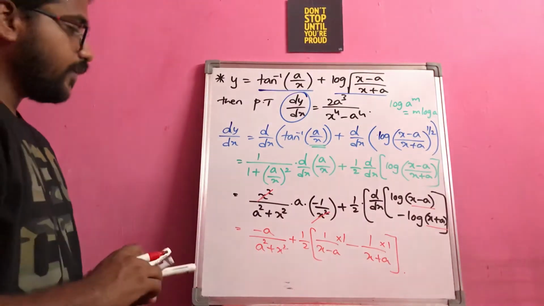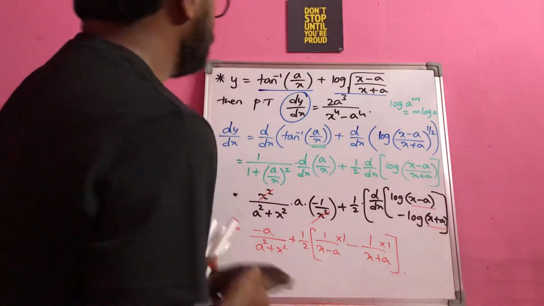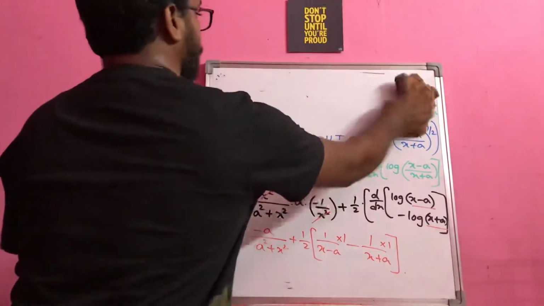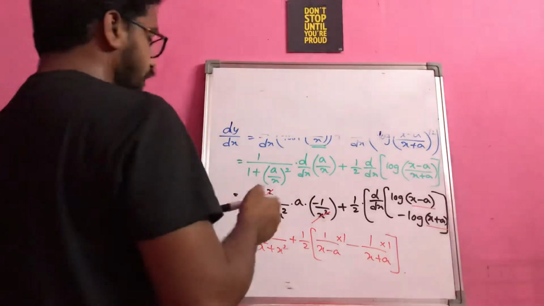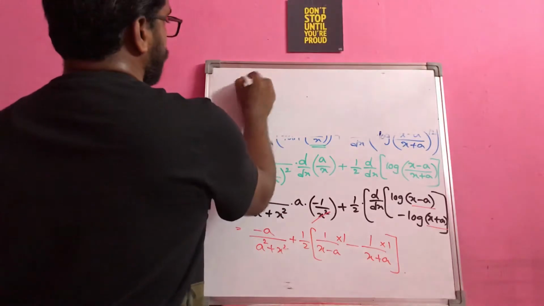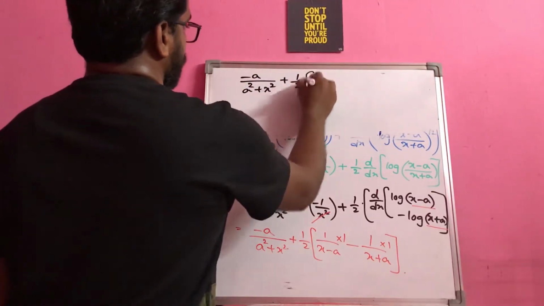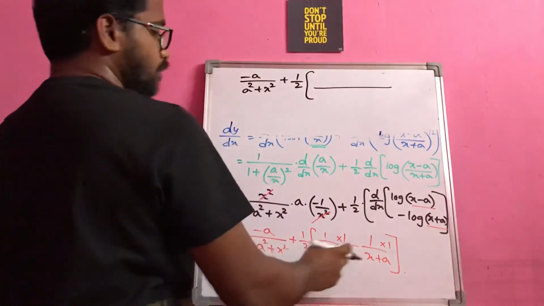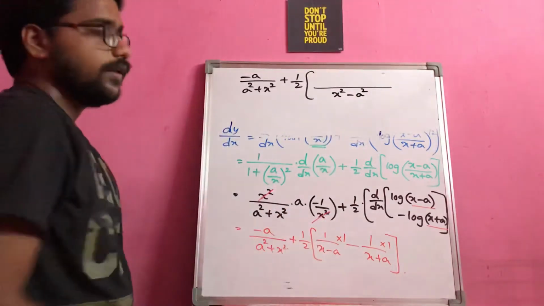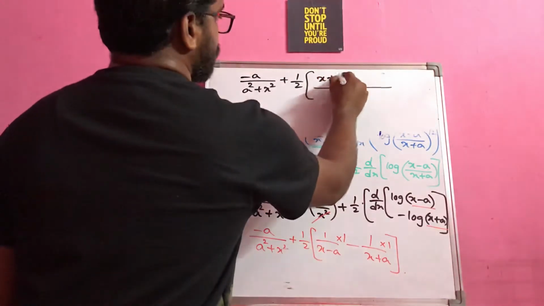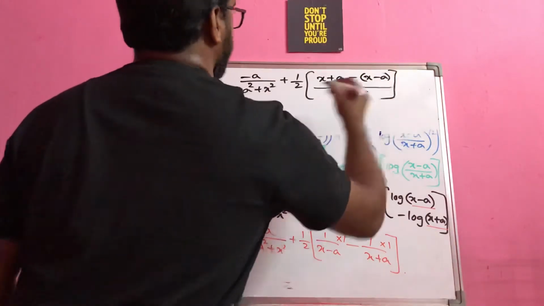So simplified further, you will get minus a by a square plus x square plus half into, you can take an LCM, that will be x minus a into x plus a, that is nothing but x square minus a square, and the numerator will become x plus a minus of x minus a.